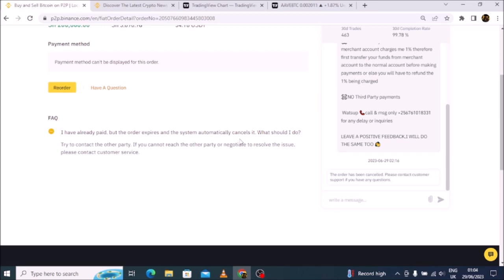After sending the money, please follow your money. Also, you can call that person. There are other contacts where you can reach him. Still, call him. If he fails to respond in time, go on Binance or contact customer service.